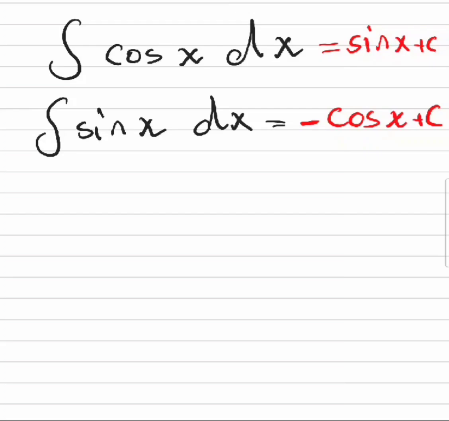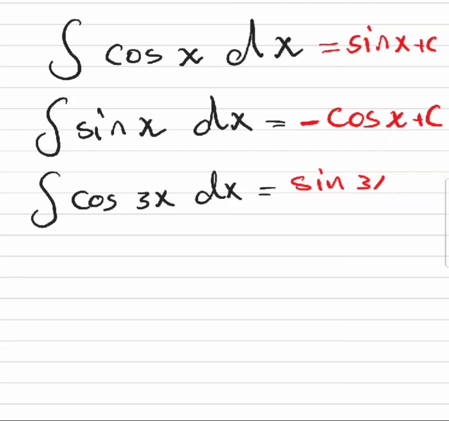So let's say we want to find the antiderivative of cosine 3x. This is going to be sine 3x. The angle has to stay the same, but then divided by the derivative of 3x, which is 3.